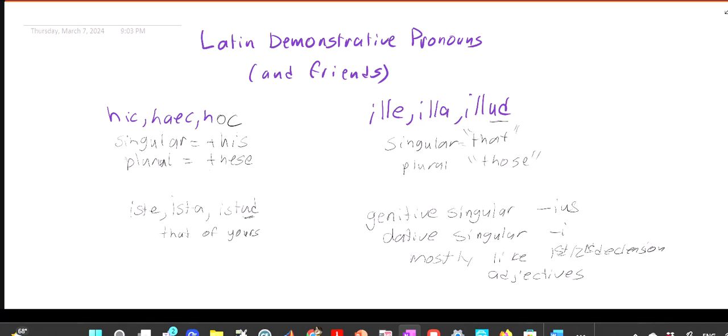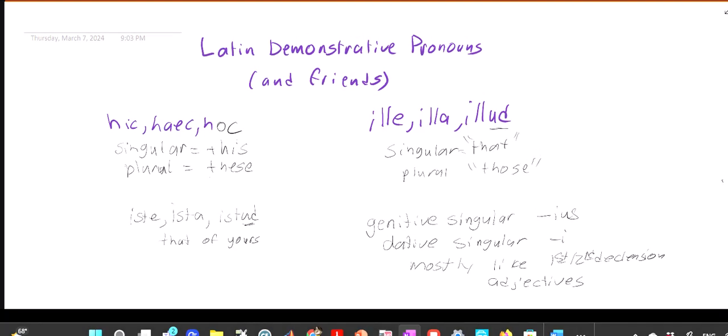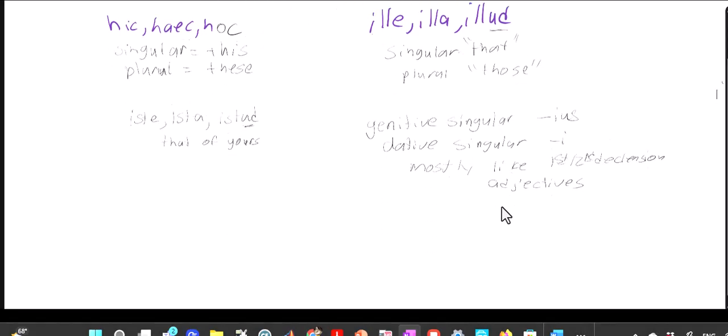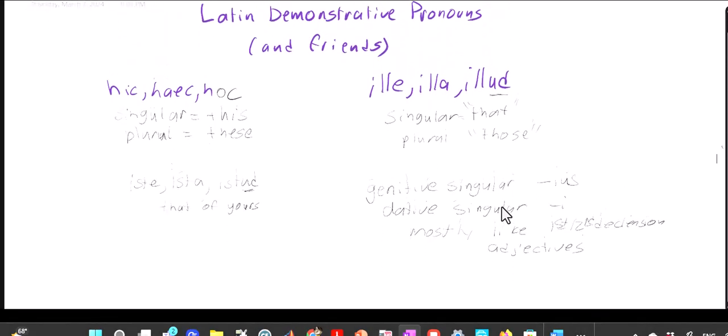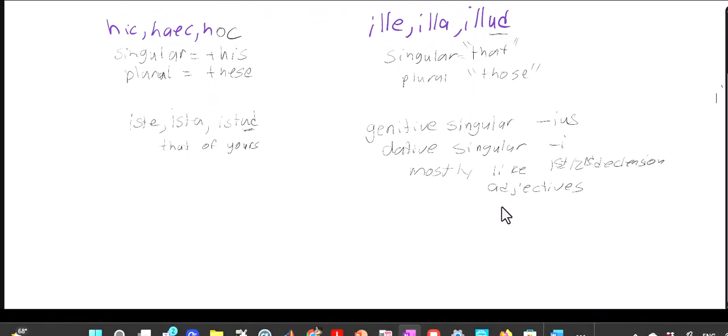So for the most part, they have first and second declension endings, but they have those unusual genitive singular and dative singular. And then, as I already pointed out, you have the ud as that neuter ending, and that is unusual. And hic, haec, hoc also has some unusual endings as well.